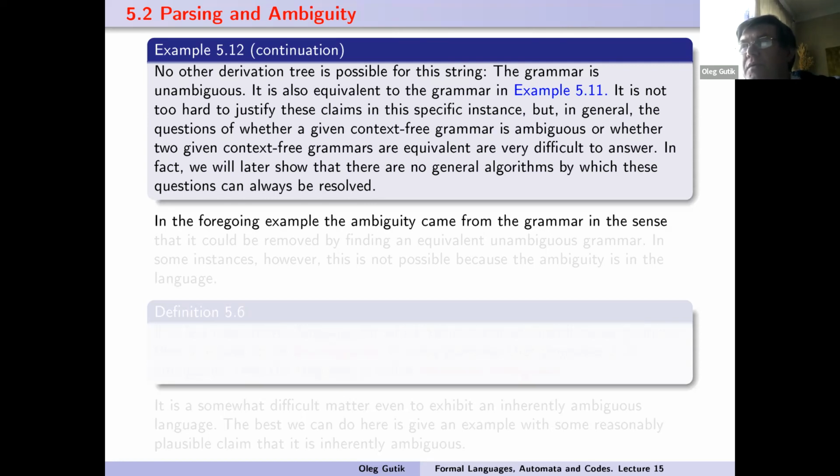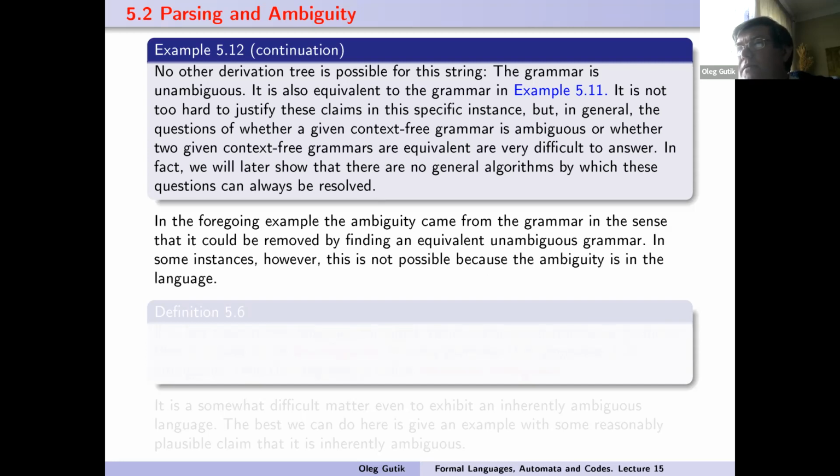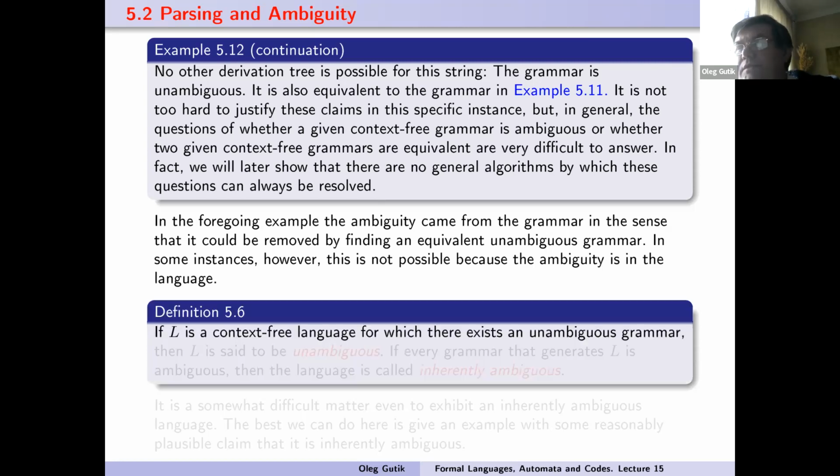In the foregoing example, the ambiguity came from the grammar, in the sense that it could be removed by finding an equivalent unambiguous grammar. In some instances, however, this is not possible because the ambiguity is in the language itself.